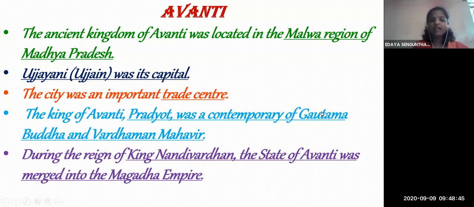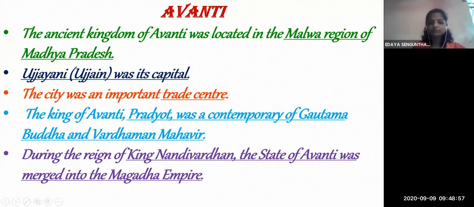During the reign of King Nandivardhan, the last king, the state of Avanti was merged into the Magadha Empire.